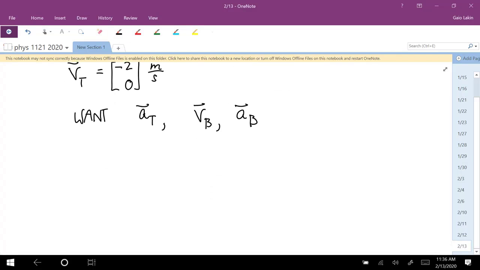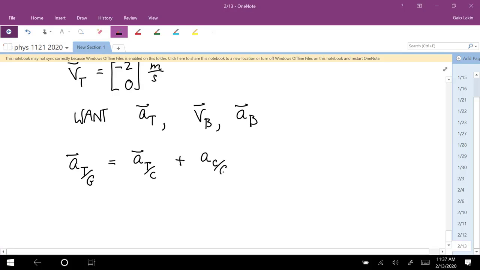Okay, well, to calculate the acceleration of the top, the process is about the same as calculating the velocity of the top. We're going to use the relative motion equation that says acceleration of the top relative to the ground is equal to acceleration of the top relative to the center plus the acceleration of the center relative to the ground.